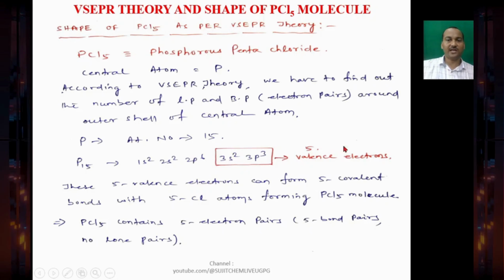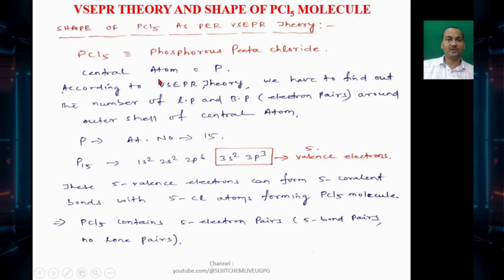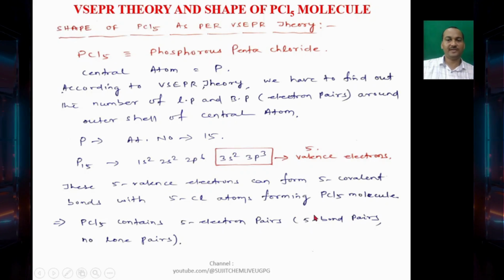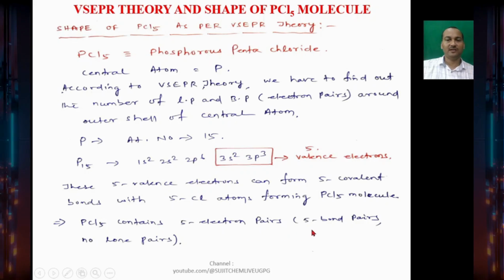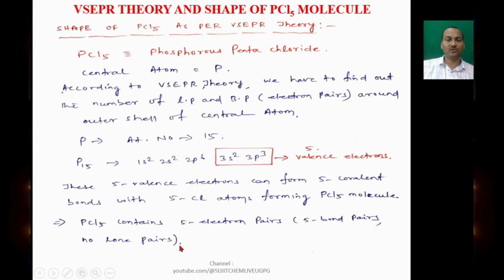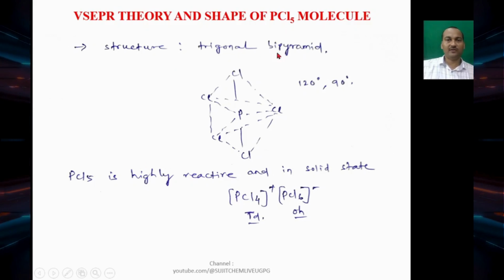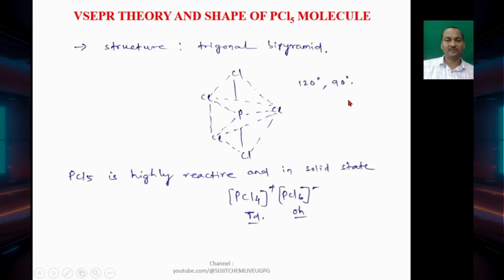So we have 5 valence electrons. All these 5 valence electrons can form bonds with 5 Cl atoms, forming PCl5 molecule. So that means PCl5 contains 5 electron pairs, 5 bond pairs and no lone pairs. So the structure would be trigonal bipyramid. So here the bond angles are 120 and 90 degrees.